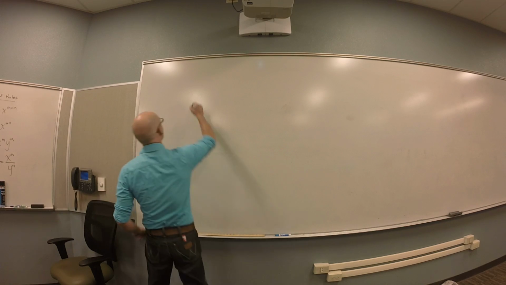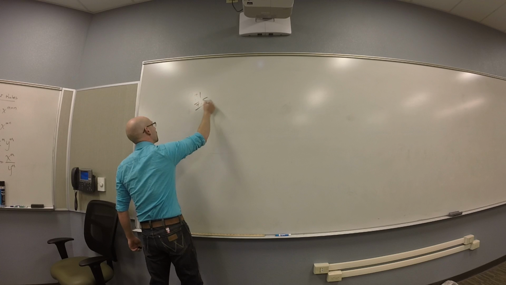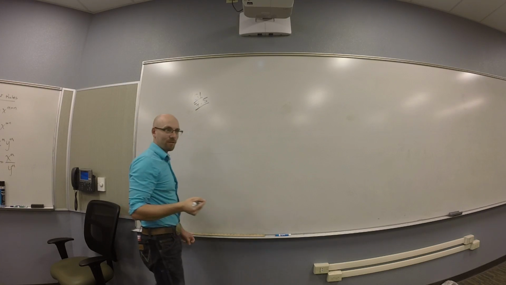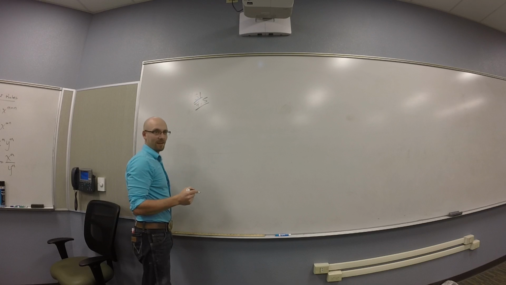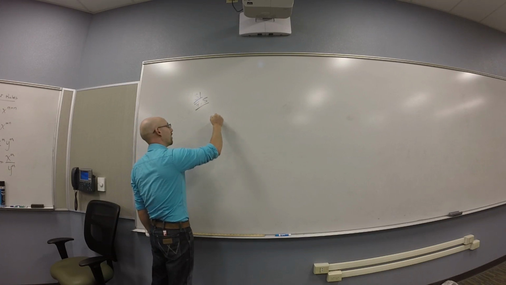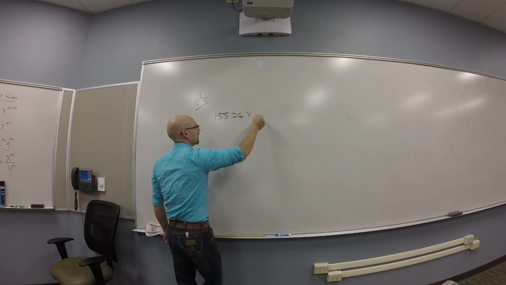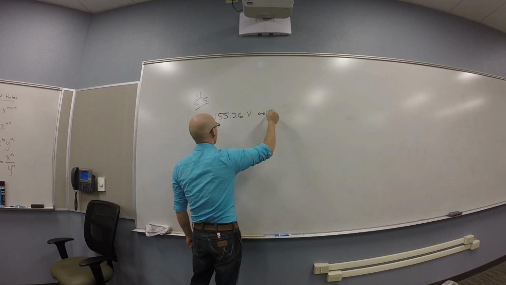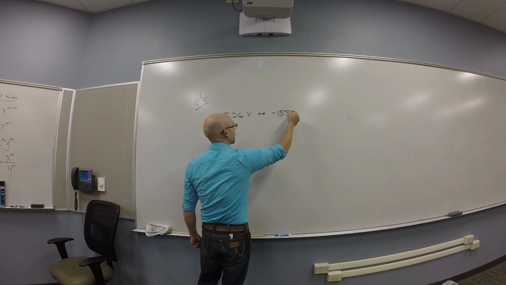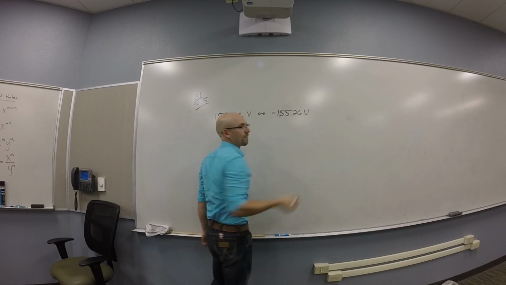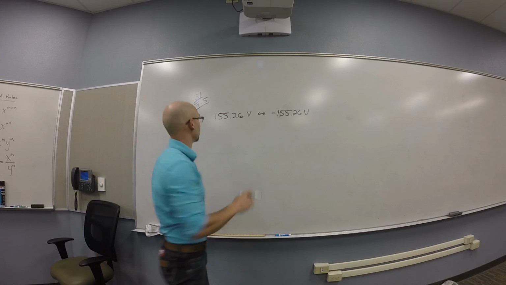All right, so we want to do number 31, 31 out of 7.5, which says something about household alternating current, right? And it says it goes from 155.26 volts back and forth to minus 155.26 volts, right?